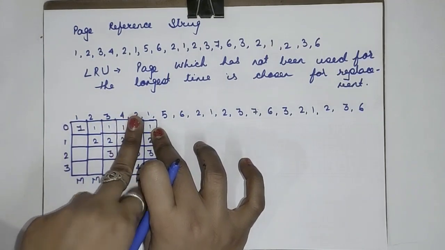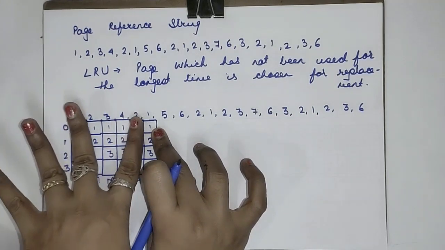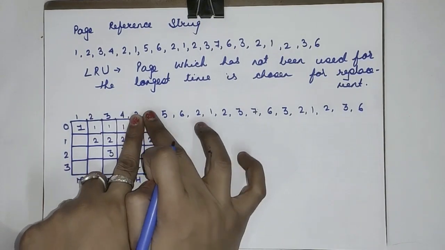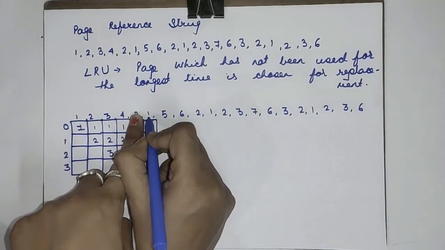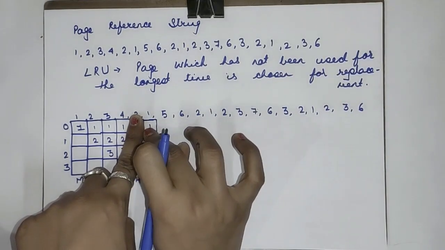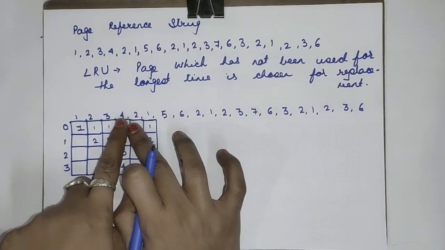So here we'll forget about all the things in the past and just remember that 1 has been called over here in the first position, because the most recently used page is your 1. So we'll keep track that 1 is the most recently used. Next I'll backtrack like 2.